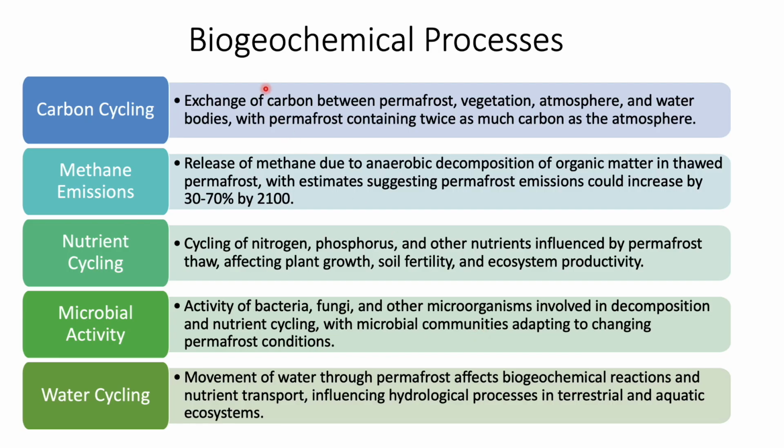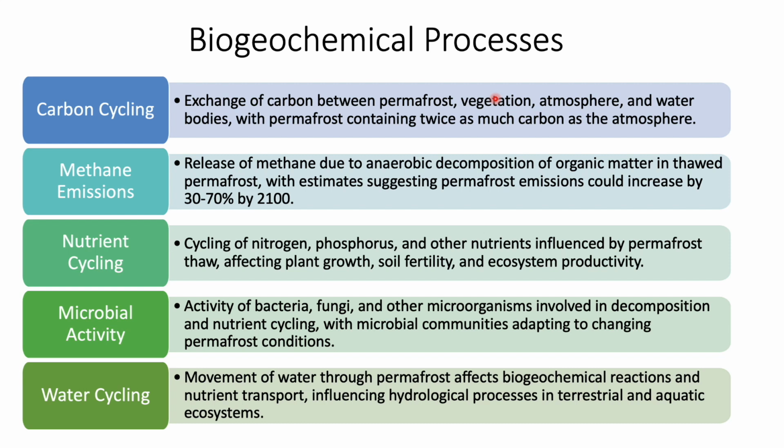So if we focus more on the biogeochemical processes, the first one is carbon cycling. The exchange of carbon between permafrost, vegetation, atmosphere and water bodies, with permafrost containing twice as much carbon as the atmosphere.